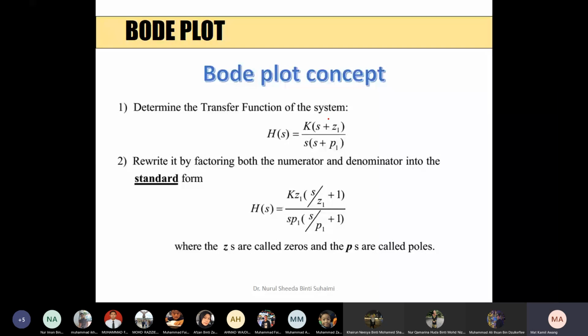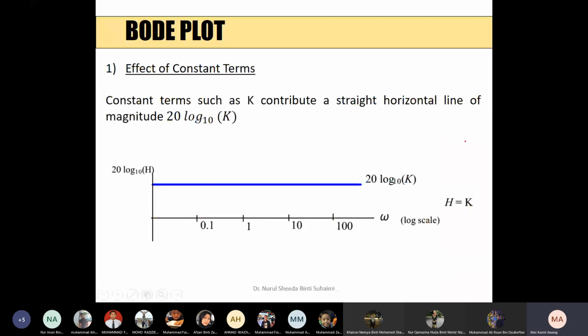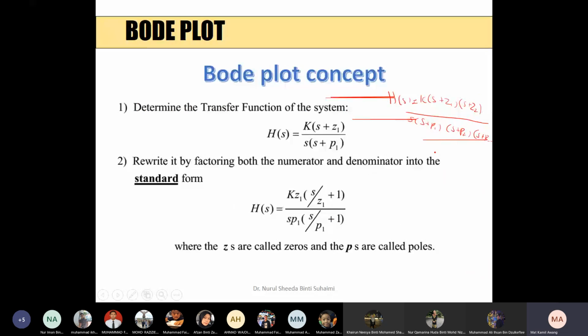Basically, a general transfer function is H(s) equal to K times (s plus z1)(s plus z2) and so on, divided by (s plus p1)(s plus p2)(s plus p3) and so on. This is a general transfer function, but to make it simpler, we just use this simple one.